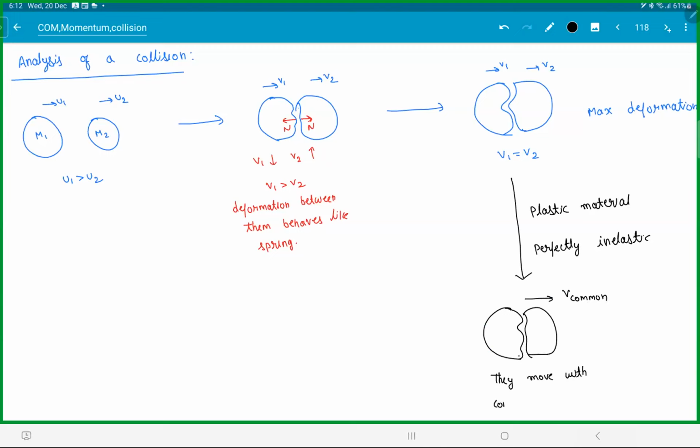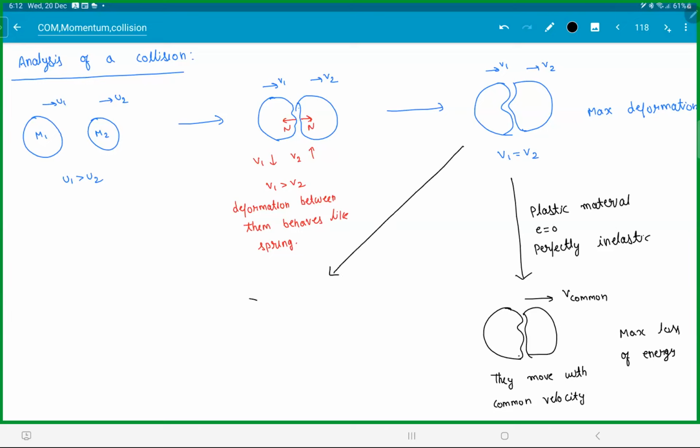They move with common velocity and there is a maximum deformation. There is a maximum loss of energy. This is also called E is equal to 0. We'll see what is E later on.